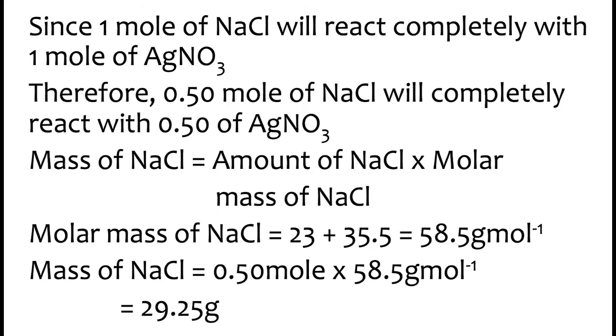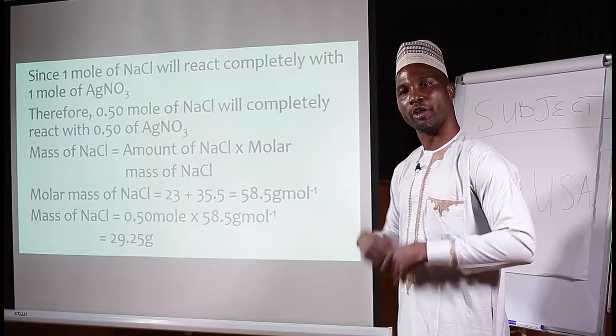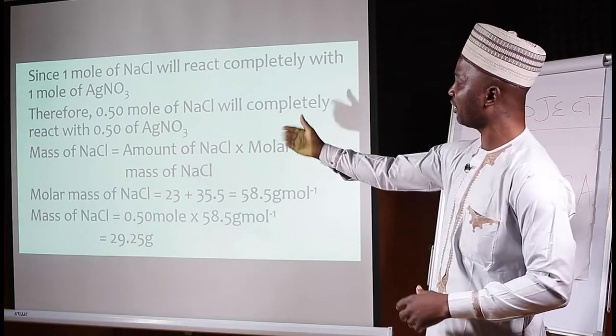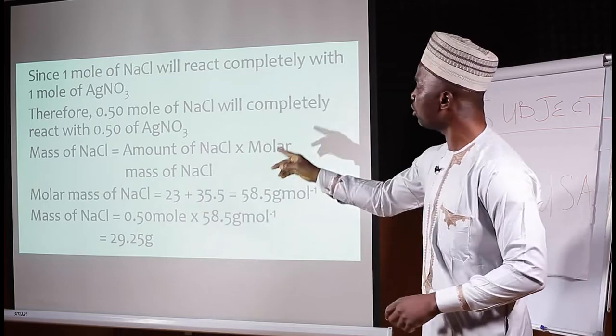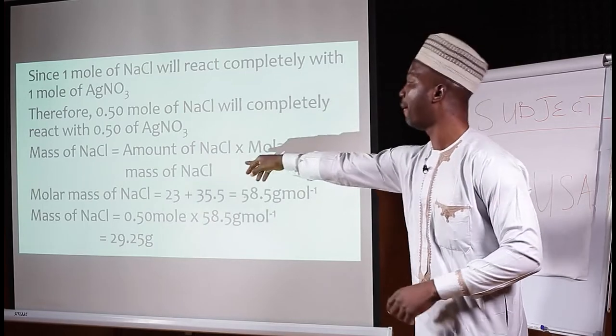Remember that if 1 mole of sodium chloride reacts completely with 1 mole of silver trioxonitrate(V), it means that 0.5 mole of sodium chloride will completely react with 0.5 mole of silver trioxonitrate(V). So you now say mass of sodium chloride is equal to amount of sodium chloride times molar mass.